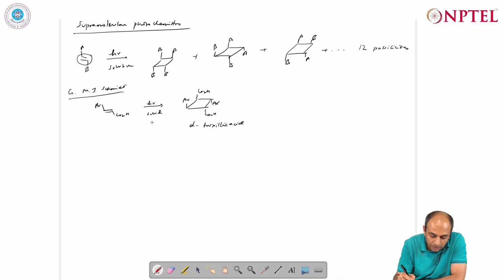Here the separation between the double bonds is 3.6 to 4.1 angstrom, the distance is less.